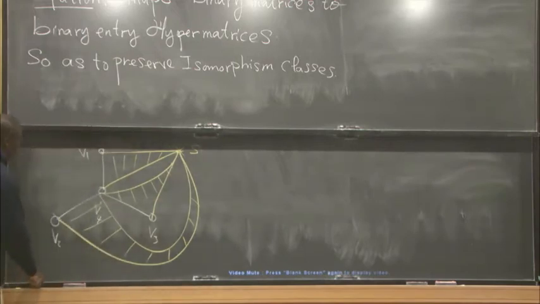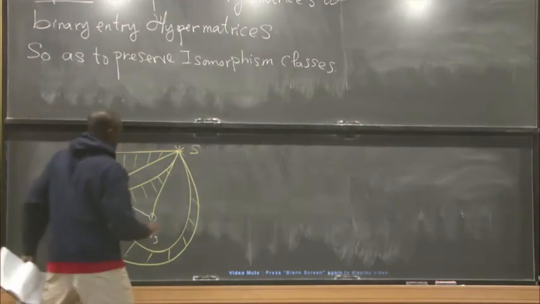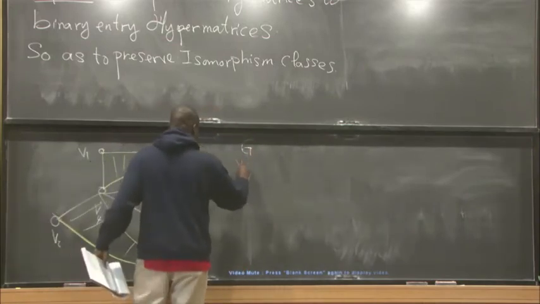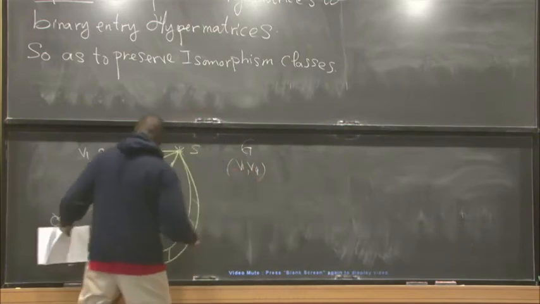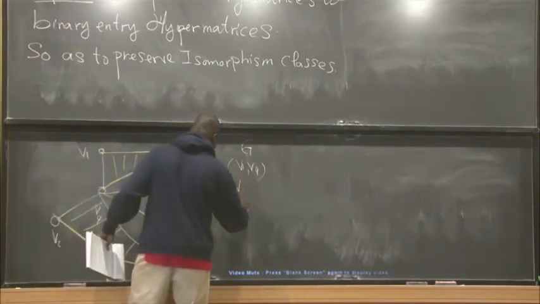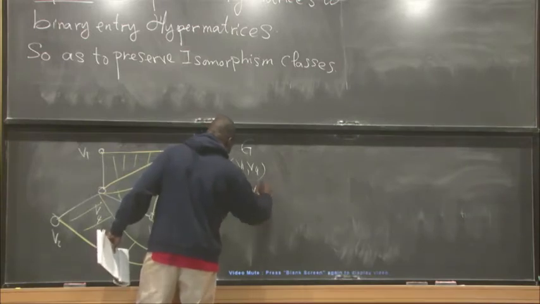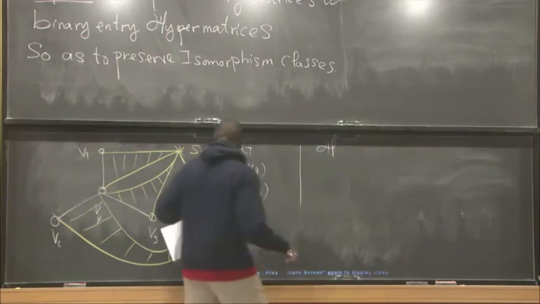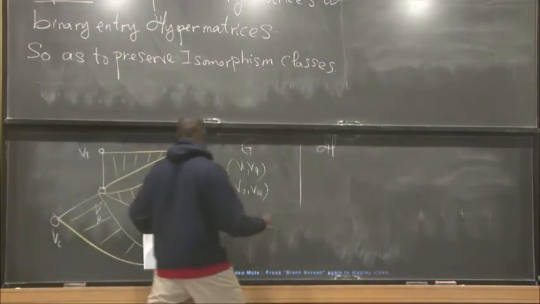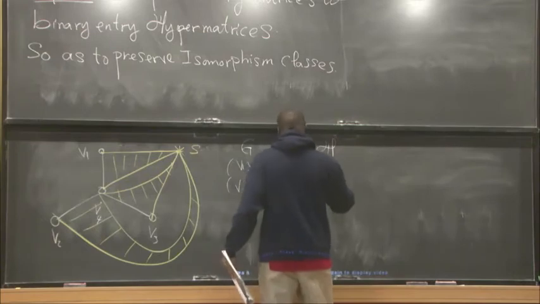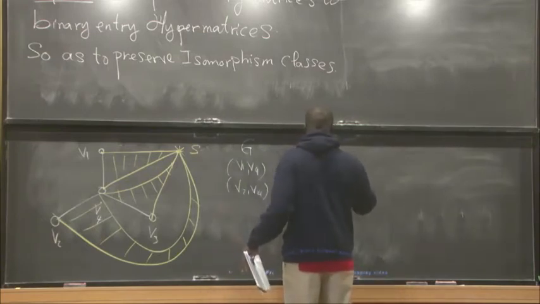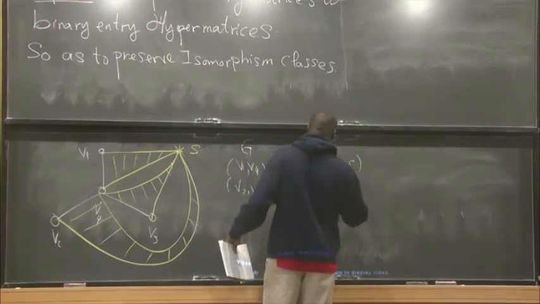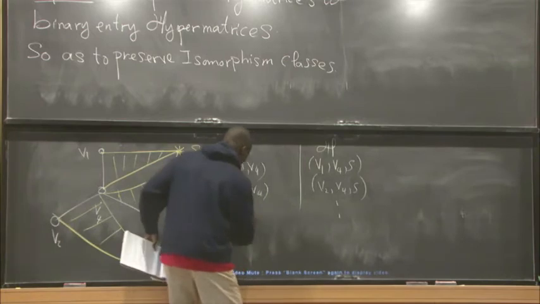Whereas the original graph, G, had an edge set here, V1 V4, V2 V4, allow me to skip the others in the interest of time, the hypergraph H, which is now the collection of triangles, is going to have the hyperedges V1 V4 star, V2 V4 star, and allow me to skip the others.